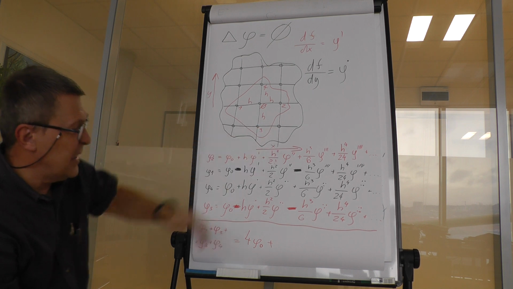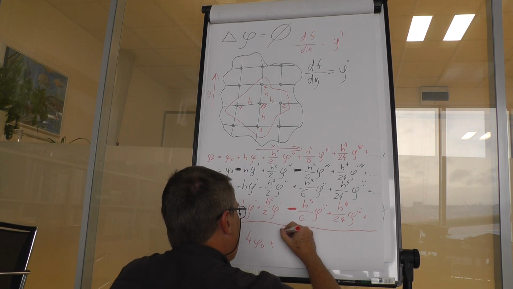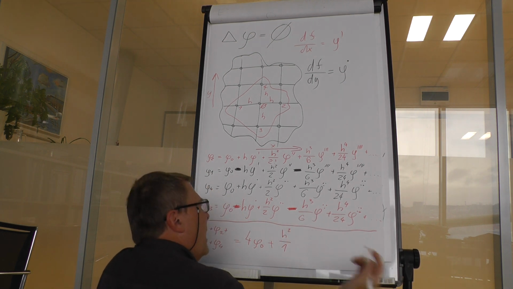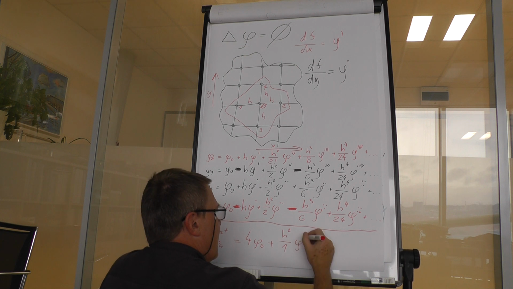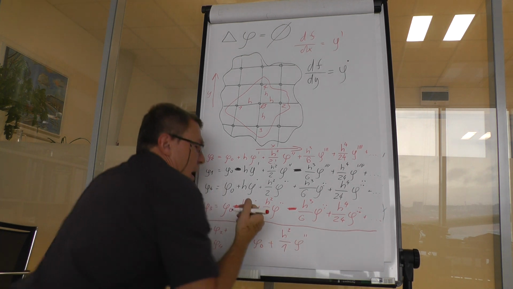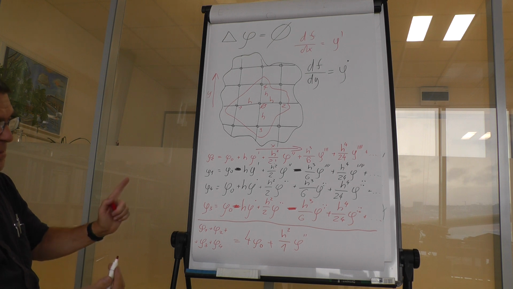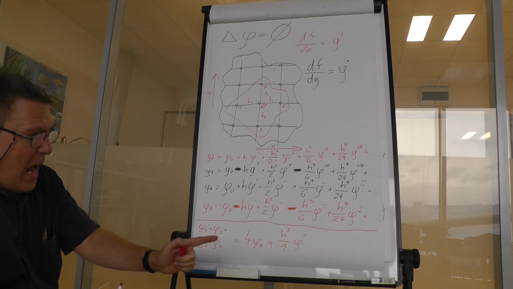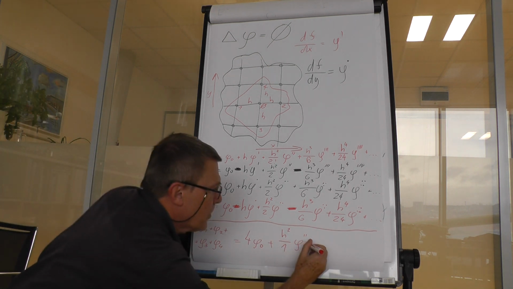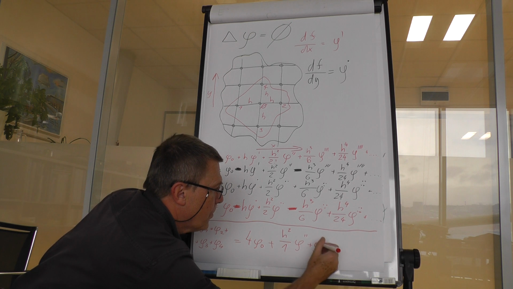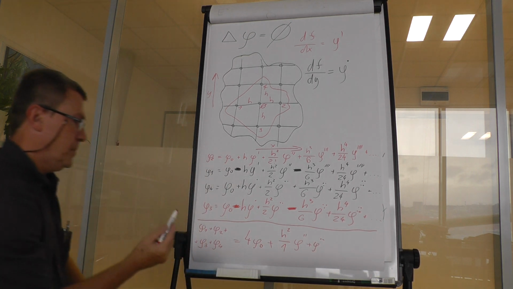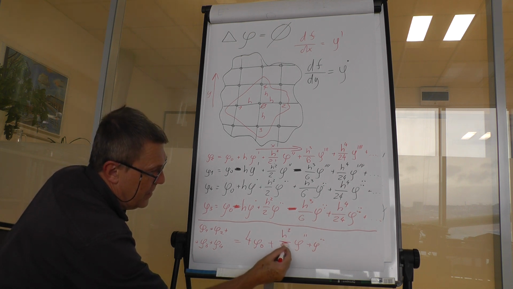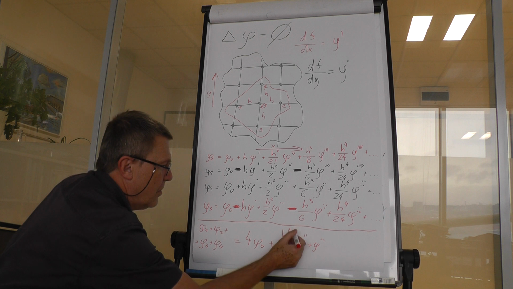So altogether it is h squared divided by 1, that's h squared, the second derivative against x, and we will have the same situation with the second derivative against y. So let's just rewrite it this way.